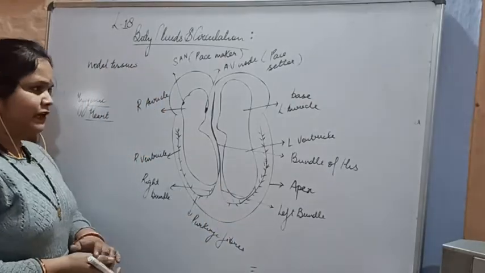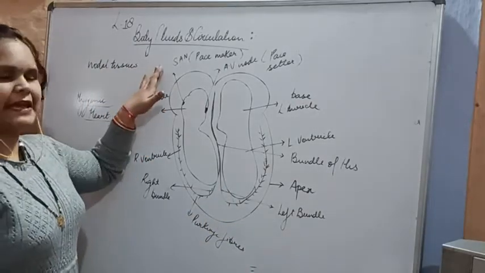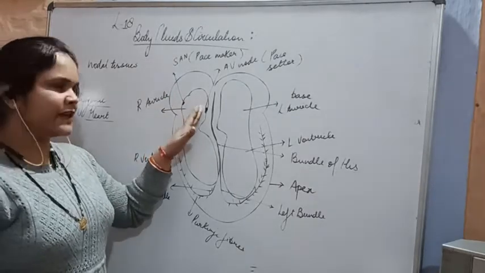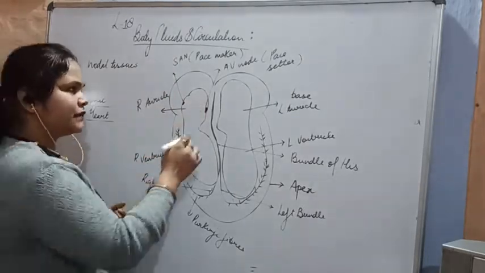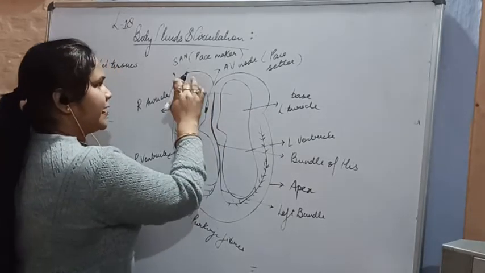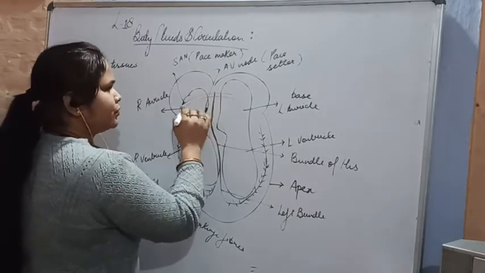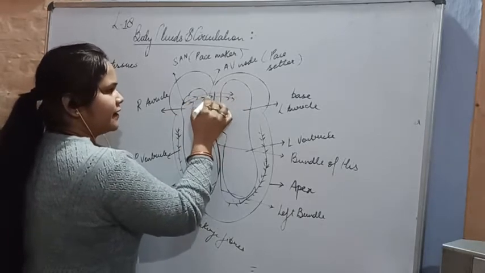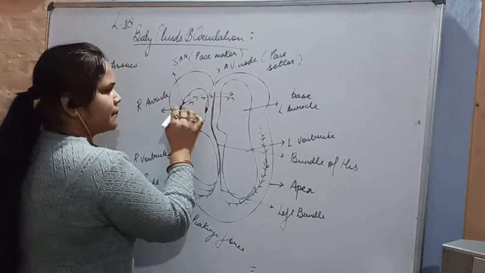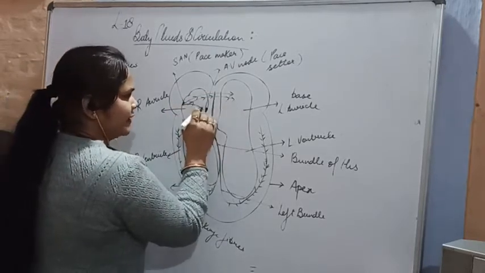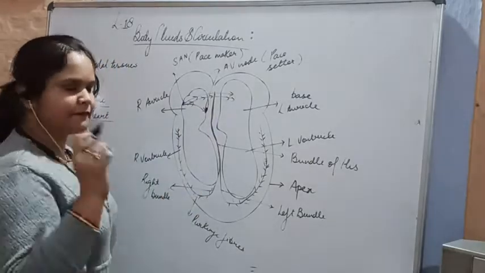Now let's have a look. This is the SAN. The SAN will transfer the impulse to the AVN. The impulse will travel here. It will be transported from the SAN to the auricles. Both the auricles are going to contract, and while the impulse passes from the auricle to the left auricle, some impulse is transmitted to the AV node also.